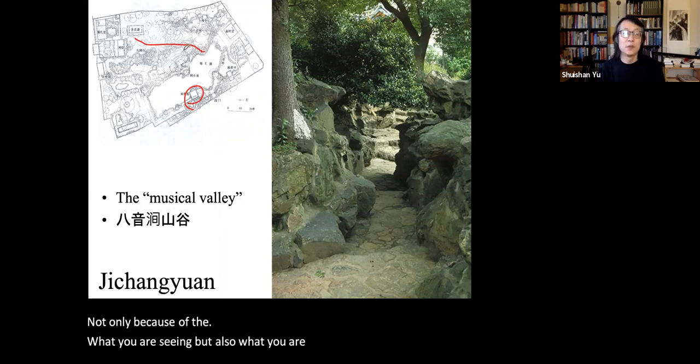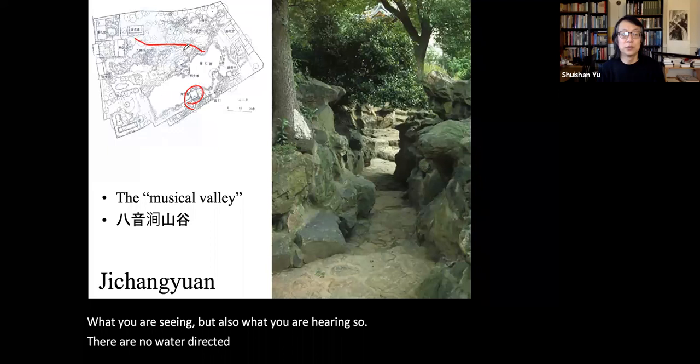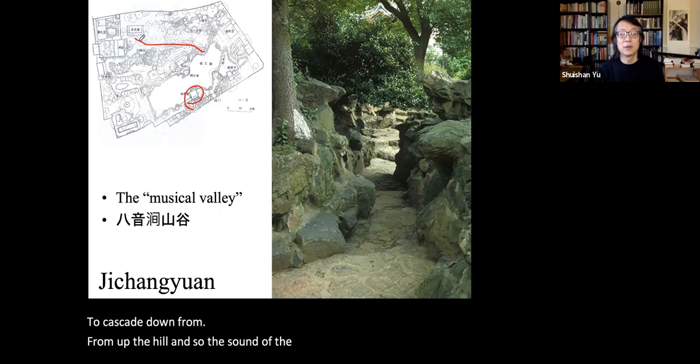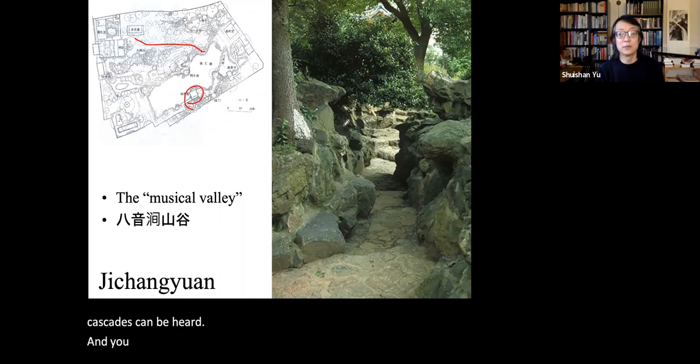So there is water directed to cascade down from up the hill, and so the sound of the spring and the sound of those cascades can be heard and echoed from those surfaces.